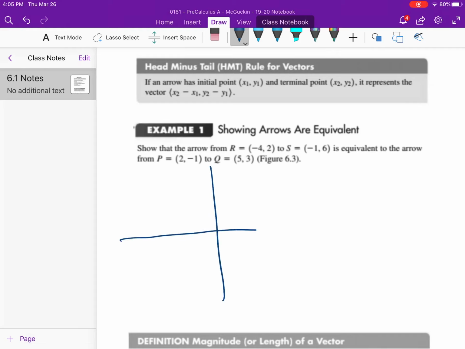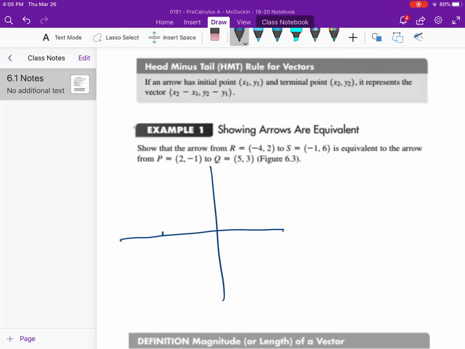We've got a vector starting at -4, +2, and then that will go to -1, +6. So I have my initial point at -4, +2 and my terminal point at -1, +6, and that would be my vector RS.